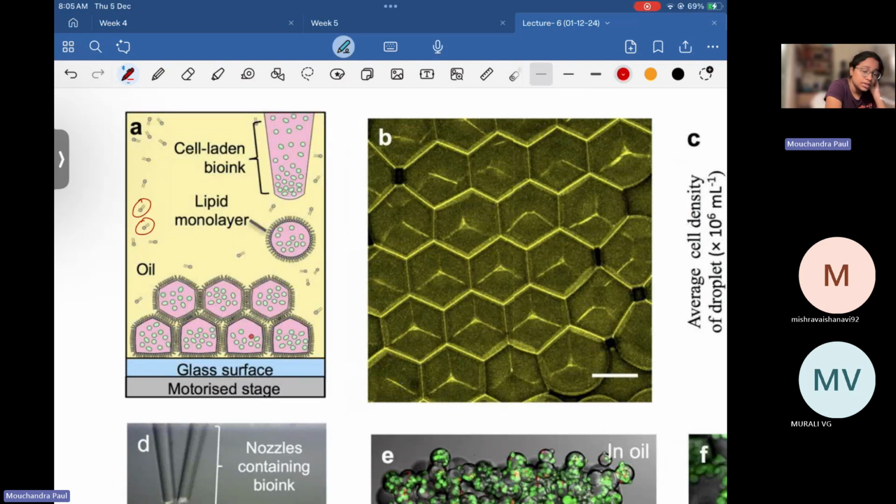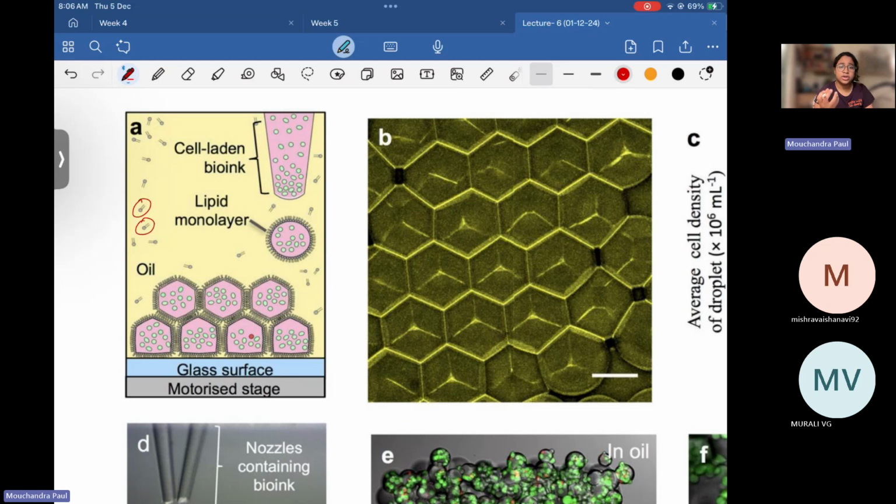These are lipid particles. All right, you saw one lipid that they added. And this is the nozzle. This nozzle is completely immersed into the oil bath. This nozzle, you see, has the cell-laden bioink, and as the actuator is working, it is ejecting one droplet. But there is another interesting thing that is happening.